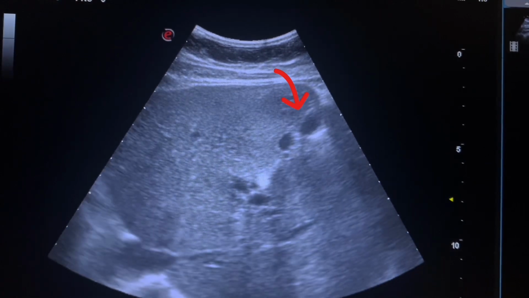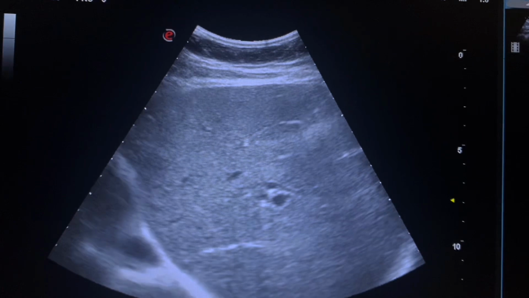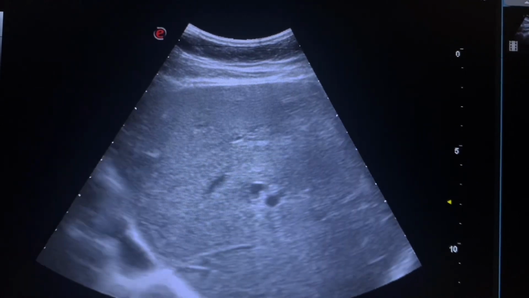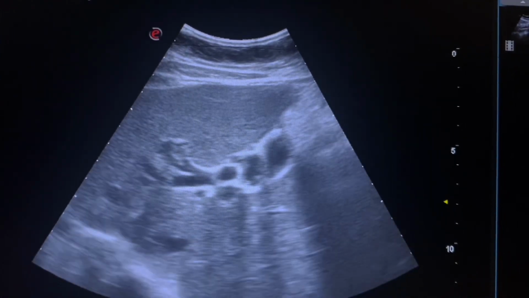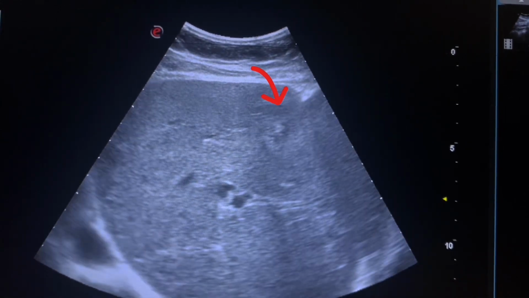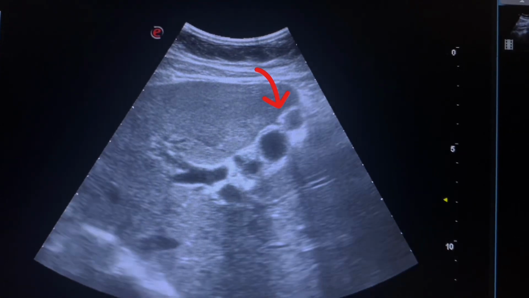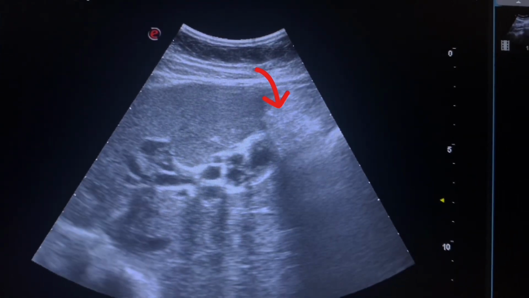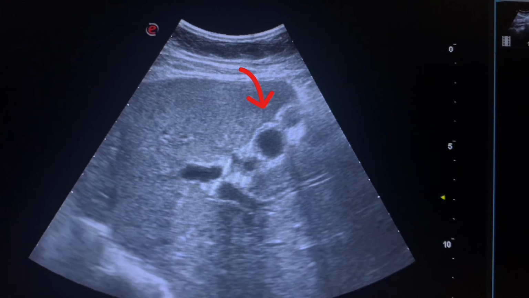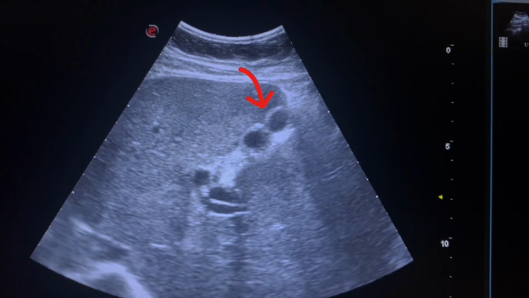So we will examine this cyst. As the patient is dyspneic due to pain, it is difficult to locate this cyst, and the patient is also feeling pain at this area.